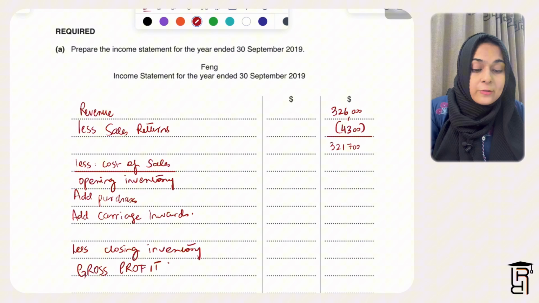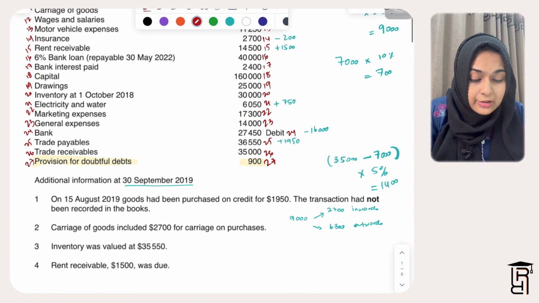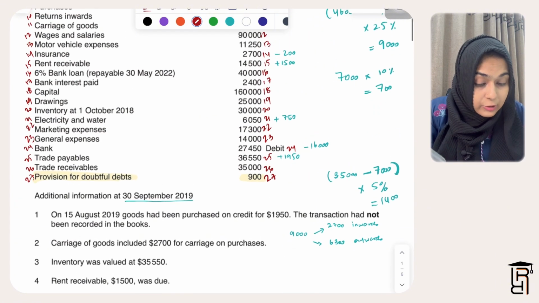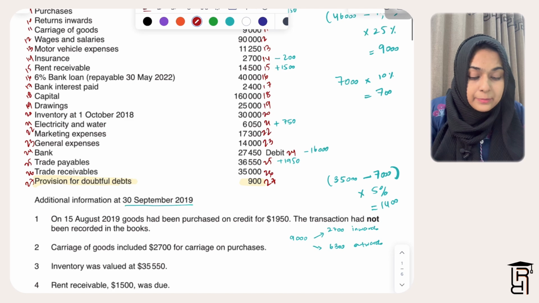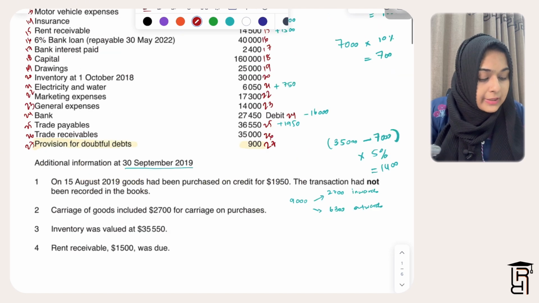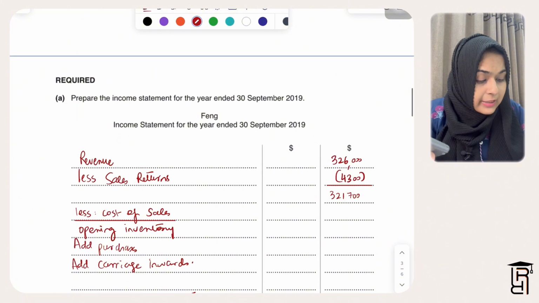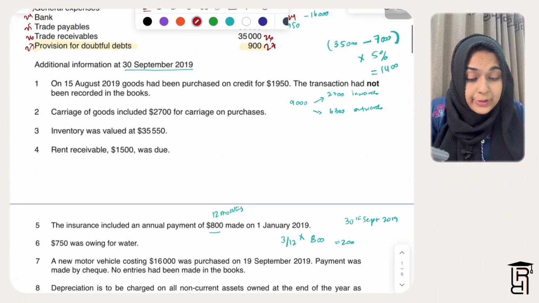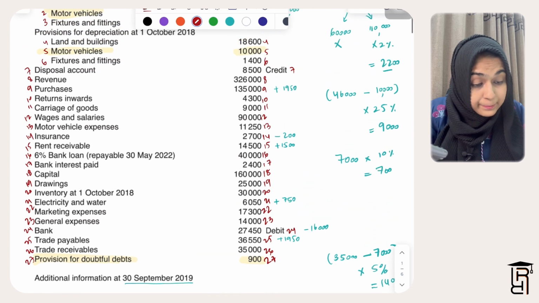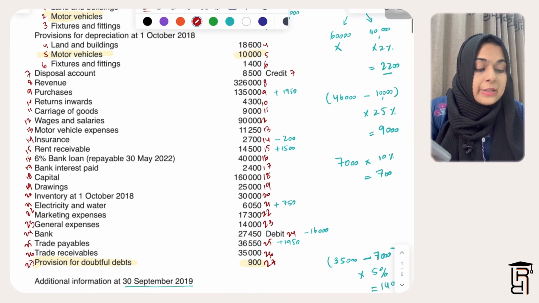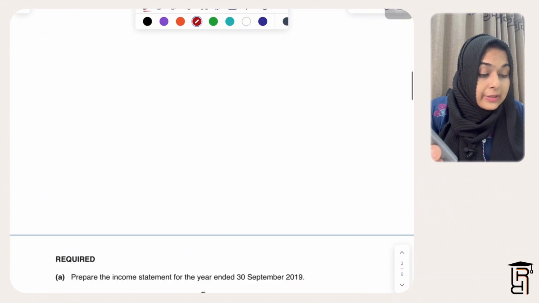Then less cost of sales, opening inventory. Inventory here is the 20th value. I can look at the balances and tell you that it's the 20th value. So it is 30,000. So I'll directly write 30,000 here. And then I have to add purchases to this. Purchases here is the ninth value. 135,000 plus 1,950 is 136,950.